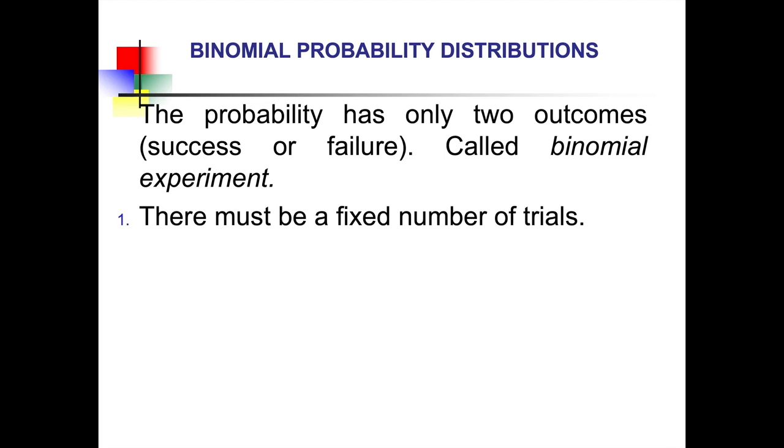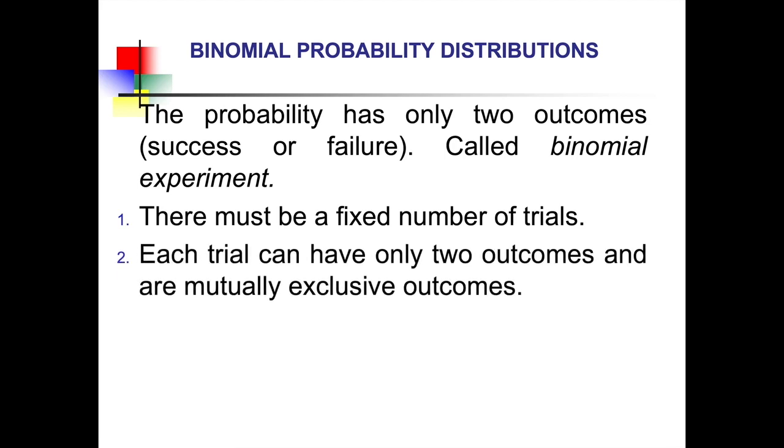For a specific experiment or problem to be called a binomial probability distribution, it must have the characteristics of the binomial probability distribution. The first one, there must be a fixed number of trials, meaning a discrete number of trials in our problems. Second, each trial can have only two outcomes, which are mutually exclusive.